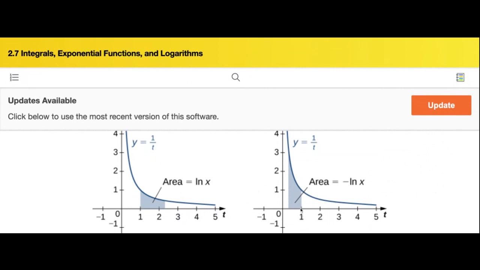But when x is less than 1, we get negative ln x, right? Because this is a fraction now. Think about half. Think about ln half. What's ln half? It's negative ln 2.